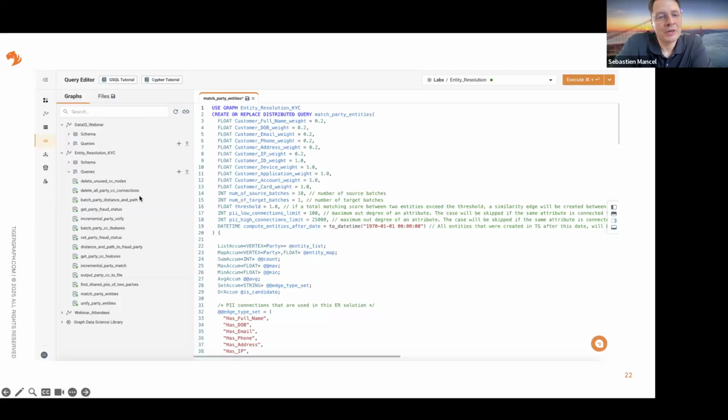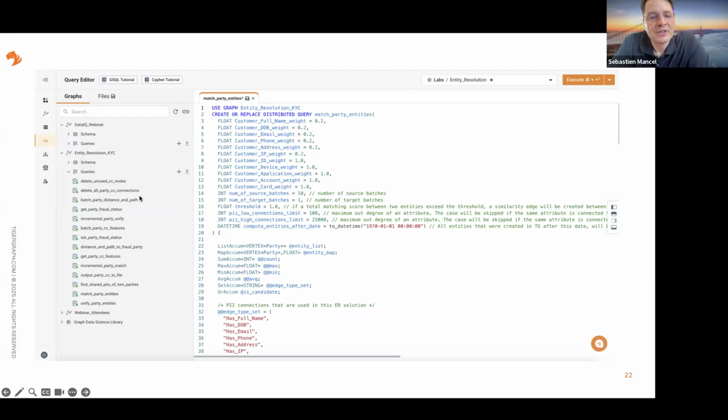So this looks complicated, but what it really does is apply weights to different attributes. So for example, full name, date of birth, email, phone number, address, ID, and devices. Those are all attributes, and each is given a relative importance in the matching process.